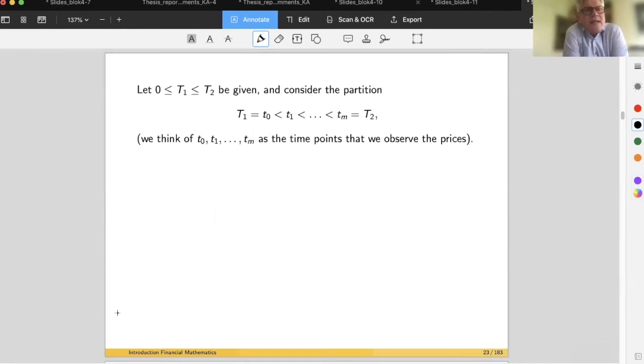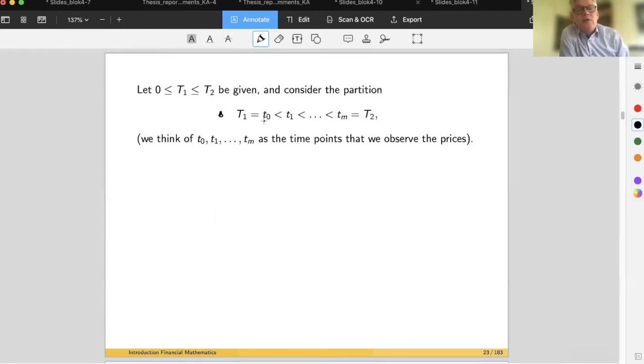We look at that on a certain time interval from capital T1 to capital T2. So let T1 be larger or equal to 0 and T2 be larger or equal to T1. Let them be given. And let's consider a time partition between T1 and T2.